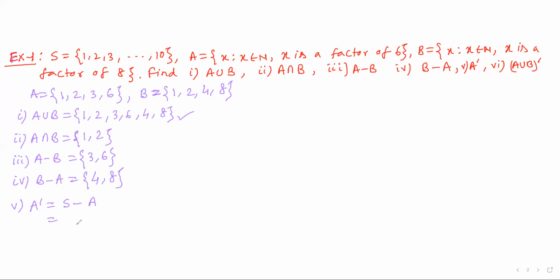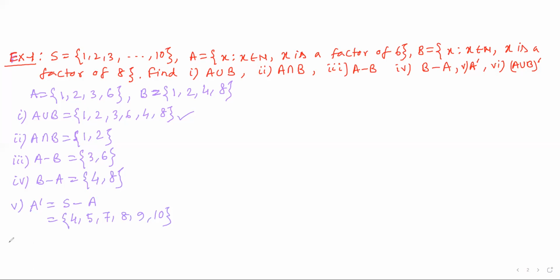That is, from the universal set we have to remove the A set elements. The universal set contains 1, 2, 3 up to 10, and A set contains 1, 2, 3, 6. So 1, 2, 3, 6 will be removed. Then the remaining part of the universal set is 4, 5, 7, 8, 9, 10. So this will be the A complement.